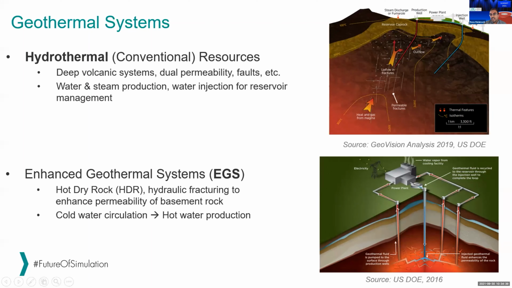Then we can heat up the fluid as it contacts the hot dry rock, and then produce back from sometimes the same well or the other producers that we may have in the system.